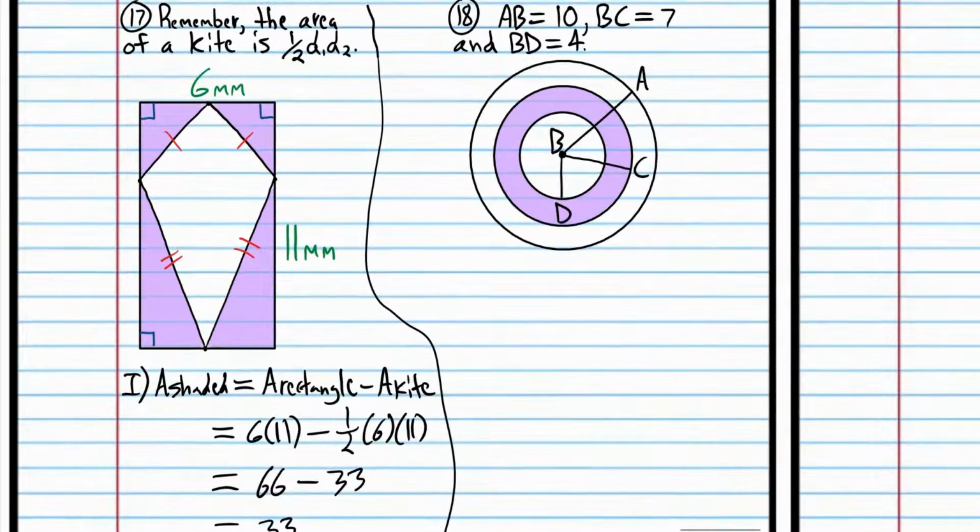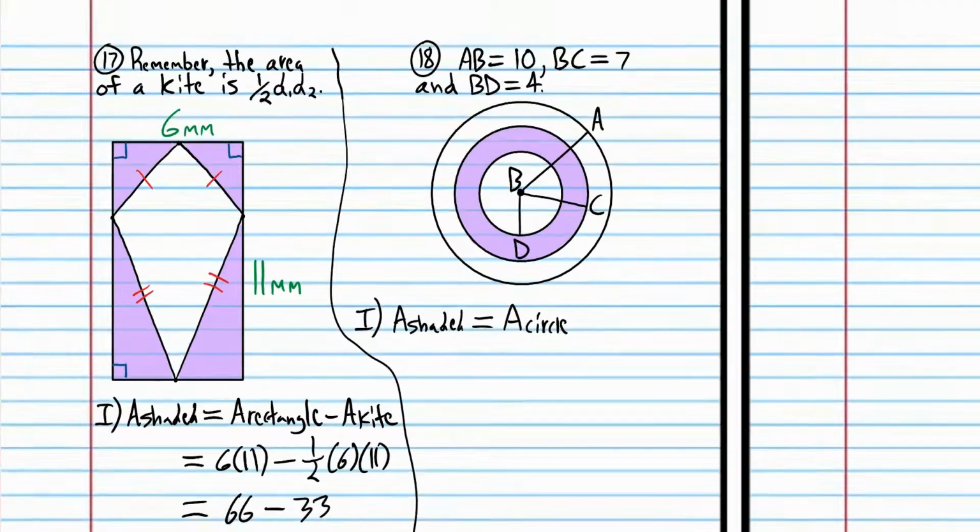All right, we're back. Part 1, the area of the shaded region is equal to the area of circle, and it's kind of hard to name the circles, so I'm just going to name the circles by the radii.